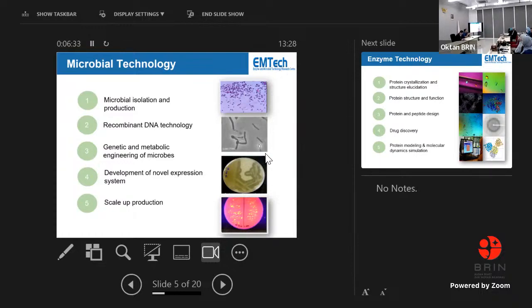Some of the students also perform scale-up studies utilizing bioreactors. We have small-scale bioreactors, 7 and 30 liters in scale. It is the merit of new knowledge to be taught to the students working in EMTech.